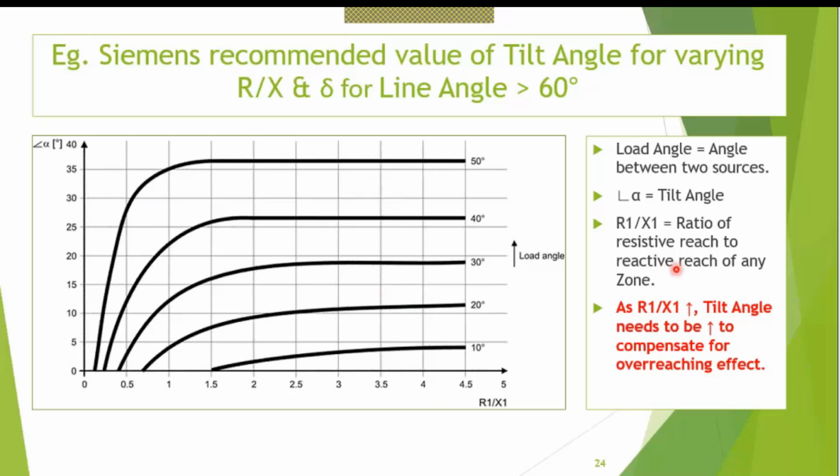If this is my R by X ratio of the zone, in zone 1 R is 40 ohm, X is 10 ohm. So R by X becomes 4. At that time, if the load angle is 10 degrees, then choose a tilt angle of approximately 5 degrees. This is the graph that describes it. It is just a guideline given for line angle greater than 60. Of course, all line angles are greater than 60.